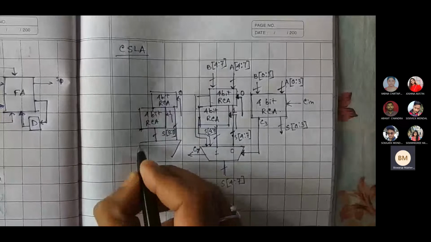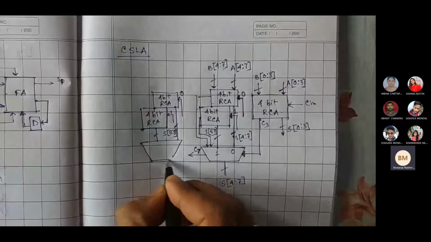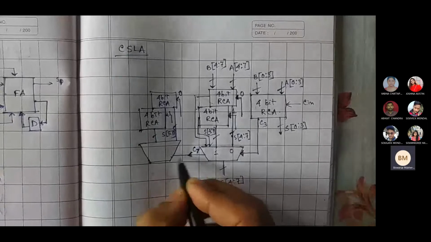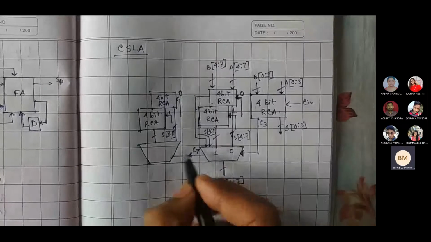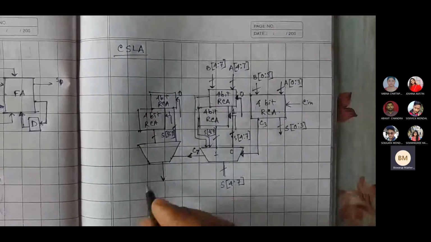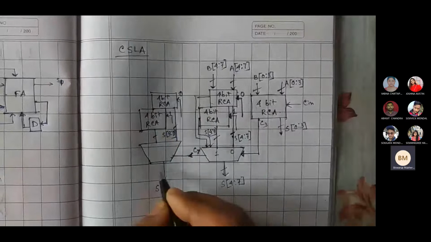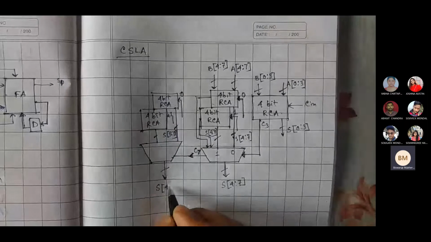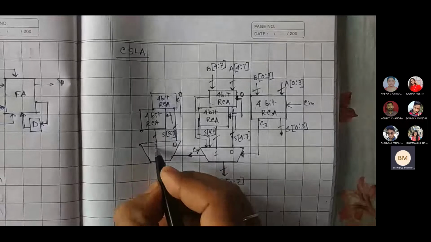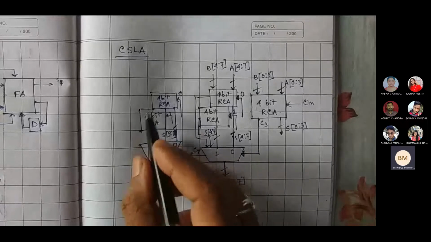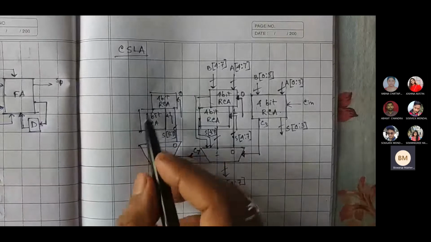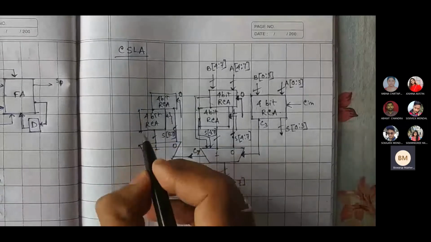So I am getting it through a multiplexer again, where I am connecting the C7 as a select line. Now, if C7 is 0, then the upper hand RCA block will be selected, and will generate that sum for selection of 0, and for selection of 1, if C7 is 1, then this RCA block will be selected, and accordingly this 4-bit addition output will come at the final stage.